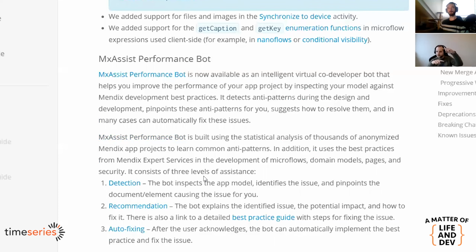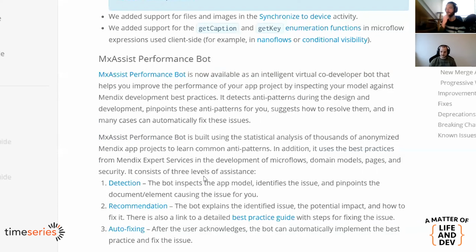You get a little context menu when you click on the blue button in your microflow, and you can pick one of the suggestions, or another option. The performance bot, on the other hand, is a co-developer that helps you improve the performance of your app by inspecting your model against Mendix development best practices.